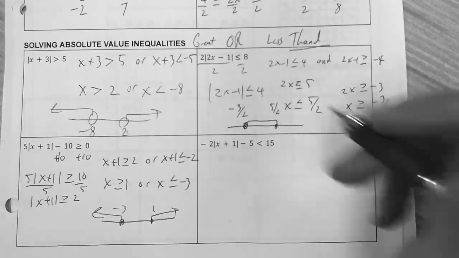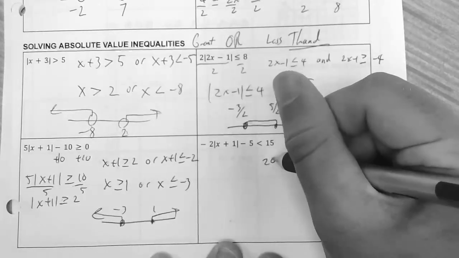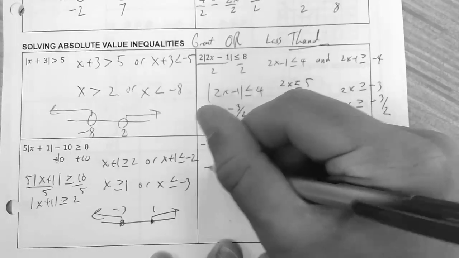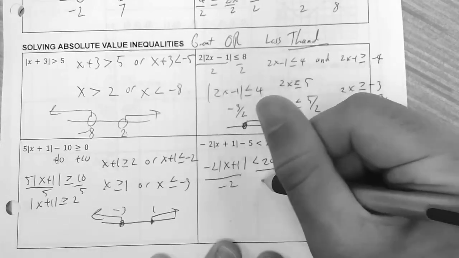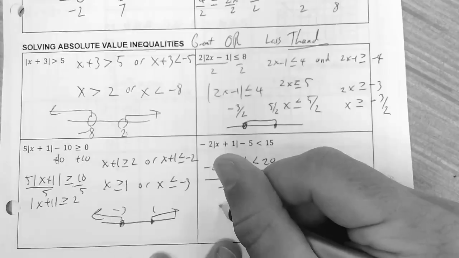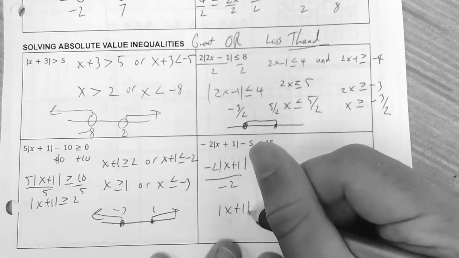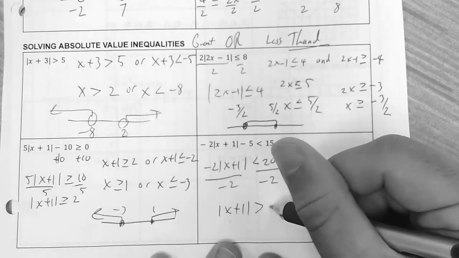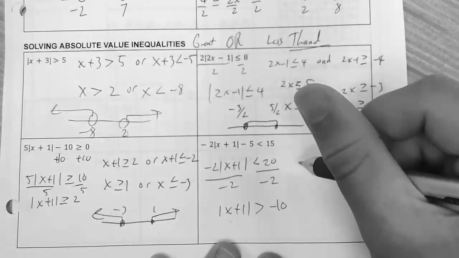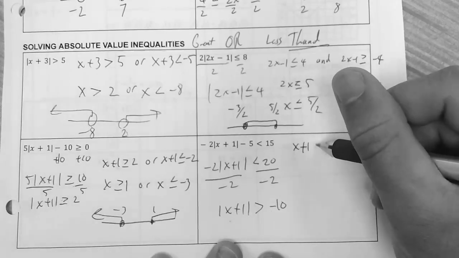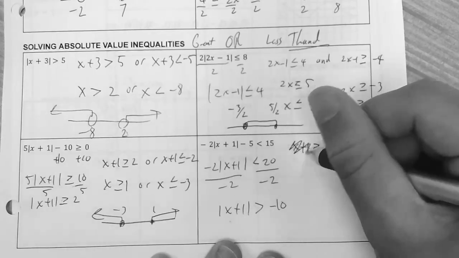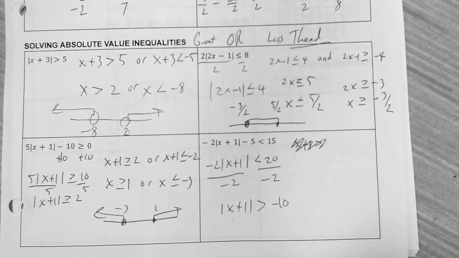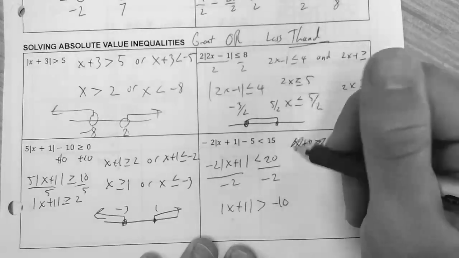Last one, less than. We're going to add 5 and divide by negative 2, so we're going to get 20. We are then going to divide by negative 2, which means flipping the sign. So absolute value x plus 1 is greater than negative 10. So it's actually going to change it to a greater. So it's going to be x plus 1 is greater than, oh, this is impossible. Let me pause for a second. An absolute value can, no, sorry, this is fine.